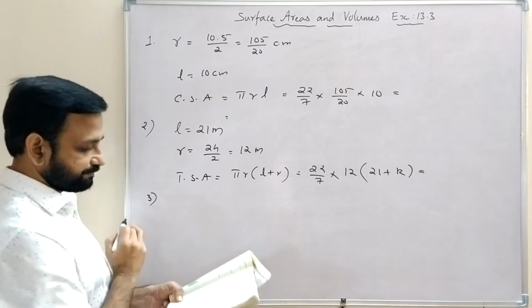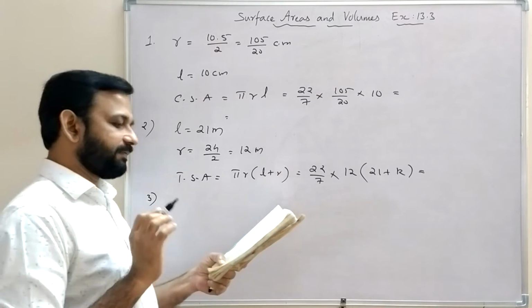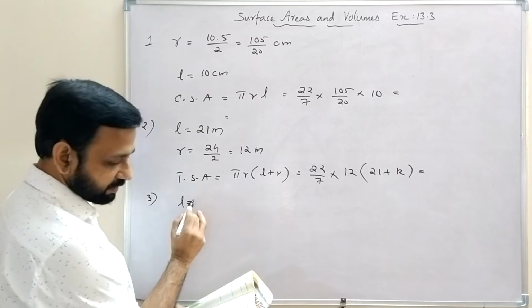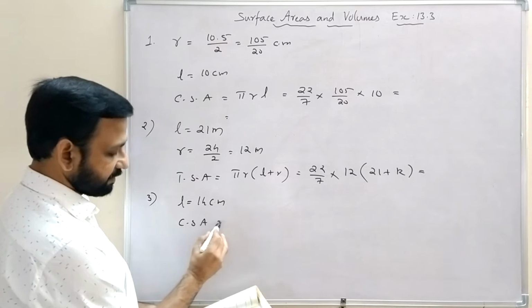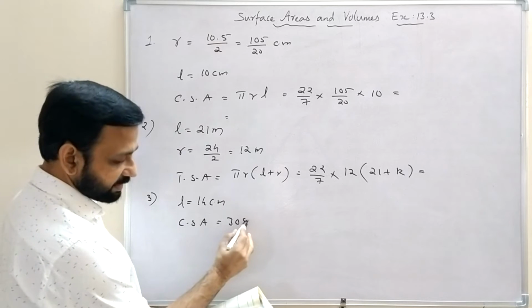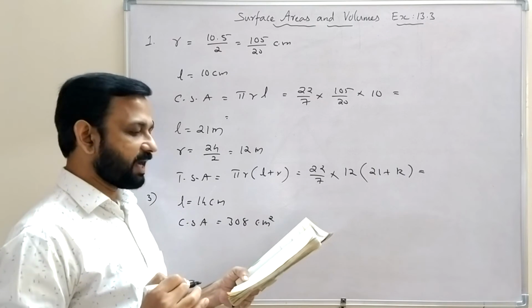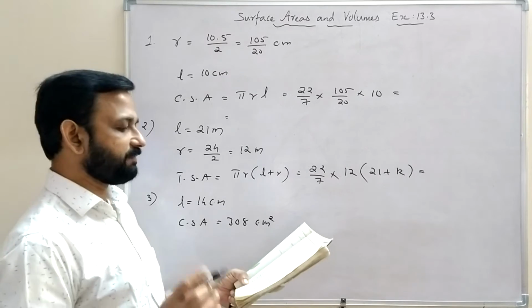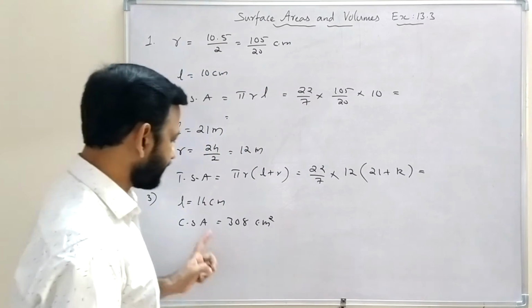Then third question. Curved surface area of cone is given and its slant height is given. Slant height is 14 centimeter and the curved surface area is 308 centimeter square. These are the given values. Find the radius of the base, then we need to find the total surface area of the cone. So first we have to find the radius.